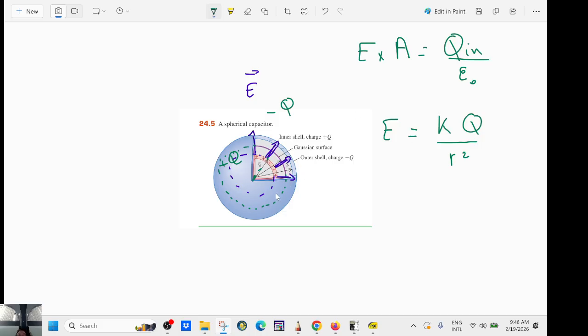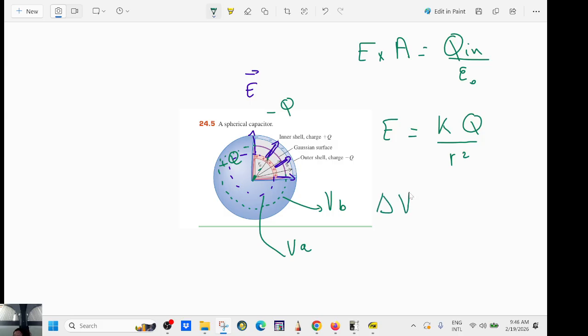So how do we find, so you have here, this is A and this is B. So that will be voltage A and that will be voltage B. Okay, so they have a different voltage, the inner sphere and the outer sphere. How can you find the voltage?